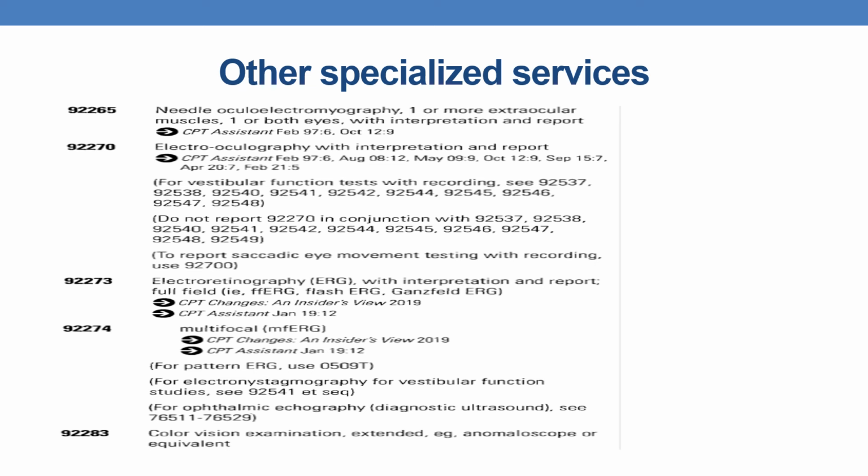Next, coming to other specialized services. The first CPT is 92265. It includes needle oculoelectromyography, one or more extraocular muscles, one or both eyes, with interpretation and report. The next is 92270.